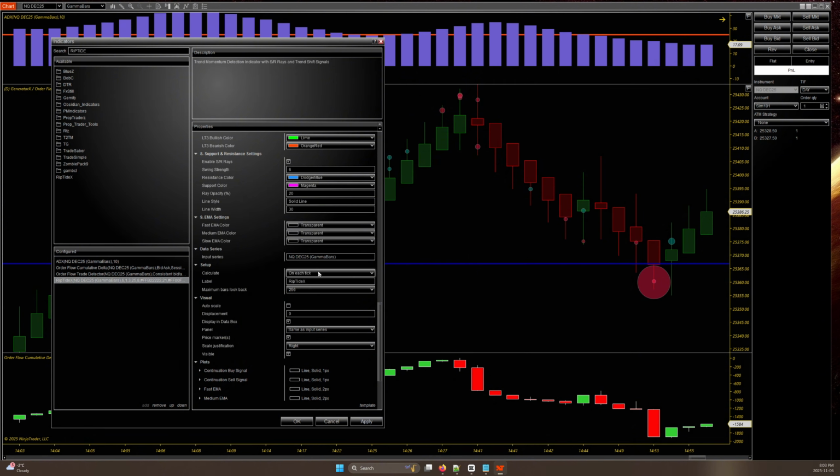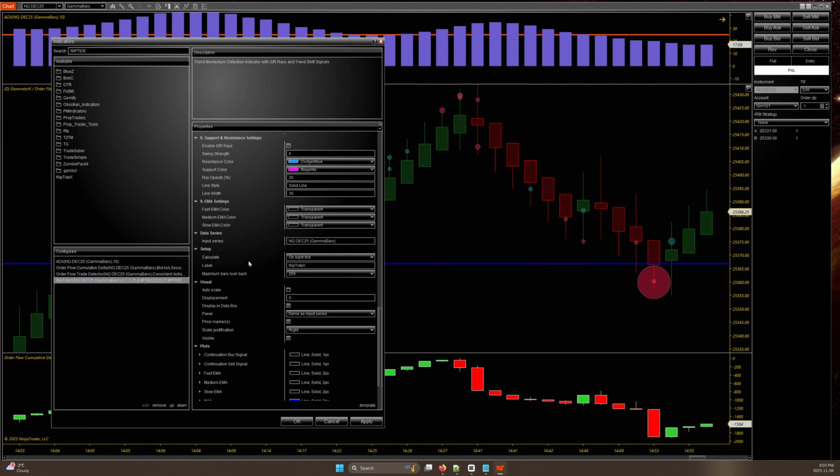Or maybe it does switch mid-bar because it can calculate, and it's such a quick flash that it just goes red and green real quick. So I'm wondering if that's part of the issue as well.